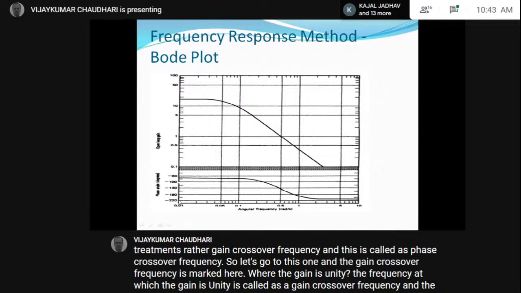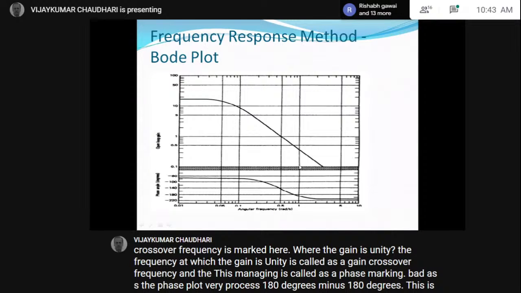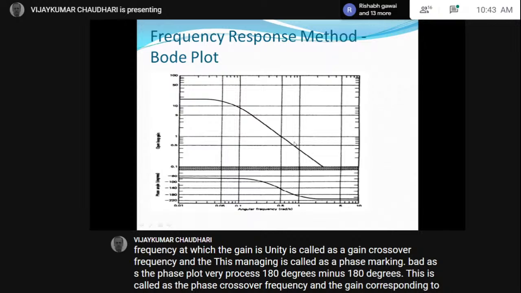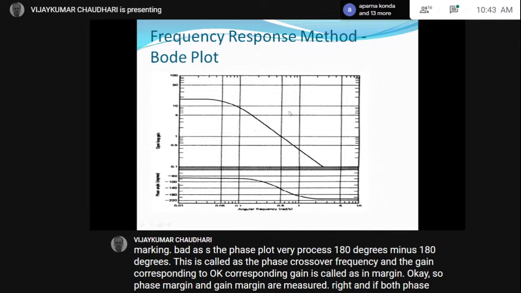Where the phase plot crosses minus 180 degrees, this is called the phase crossover frequency, and the corresponding gain margin is measured. If both phase margin and gain margin are positive, then the system is stable.